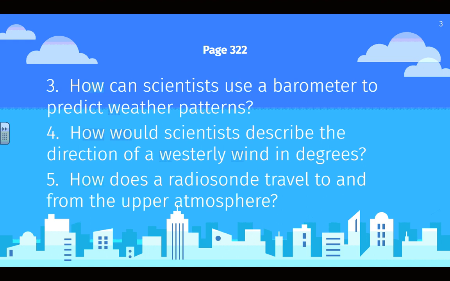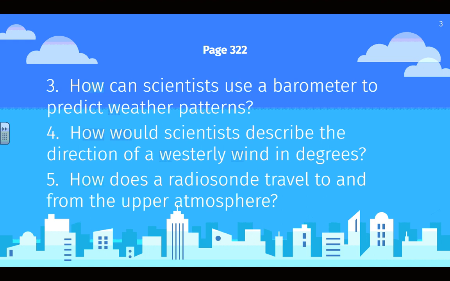East, easterly: 90 degrees. South, southerly: 180 degrees. West, westerly: 270 degrees.